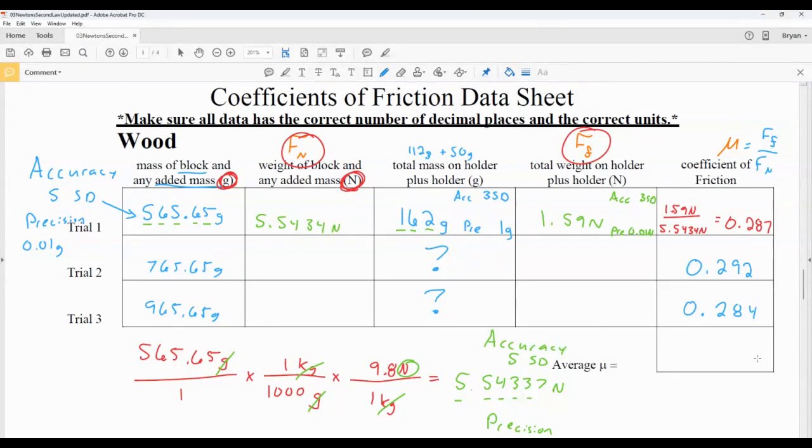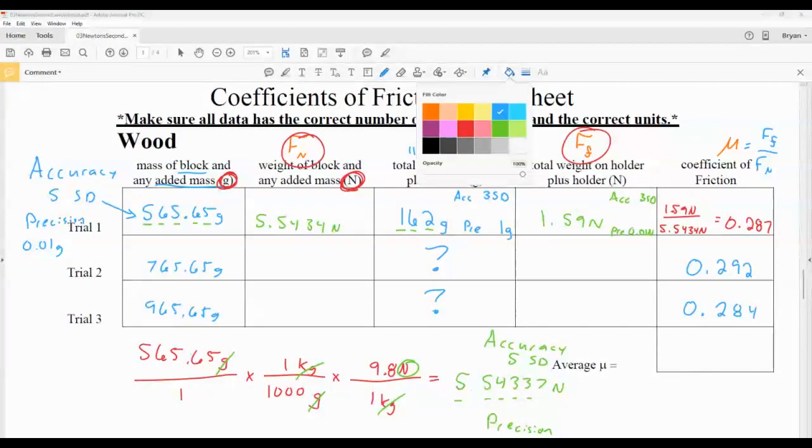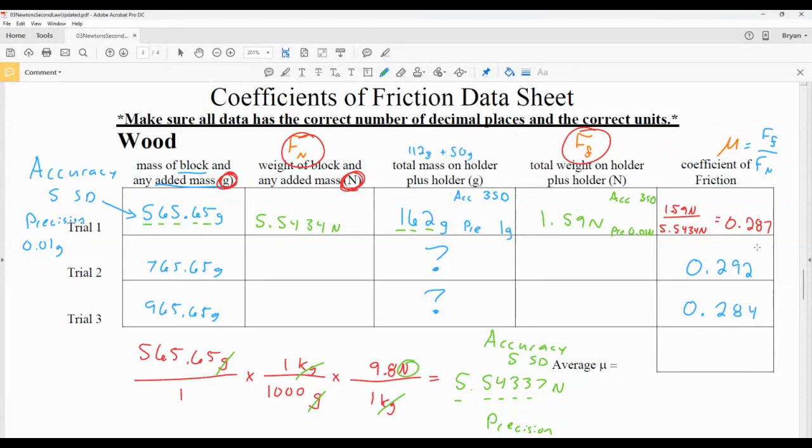The average mu value is going to come from just taking a normal average. So if you've got 3 values, you want to find the sum of those first, add them all up, then divide by 3. When you do that, you'll get 0.287 and a bunch of repeating sixes. But if we look at what this comes from, so again, tracking significant digits and looking at these, 1, 2, 3 decimal places, 1, 2, 3 decimal places, 1, 2, 3 decimal places.